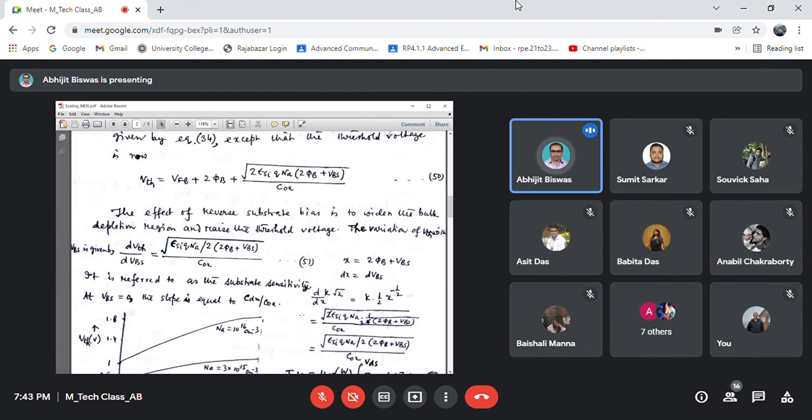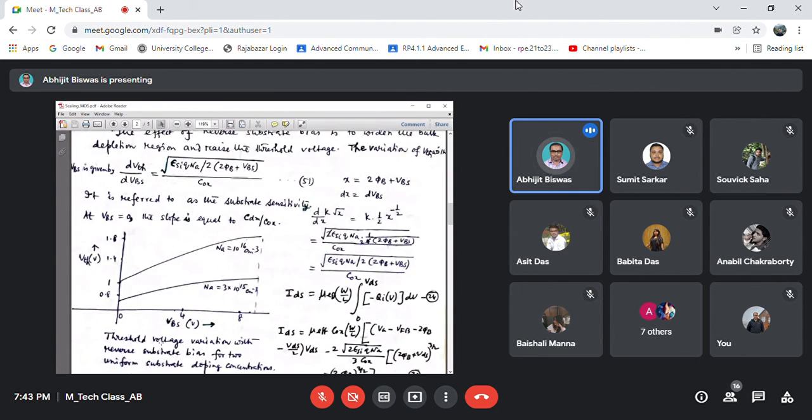So the variation of this threshold voltage with substrate bias, that is dVTH by dVBS, is equal to root over epsilon SI Q Na divided by twice into 2 phi b plus VBS, by COX. This is actually referred to as the substrate sensitivity.